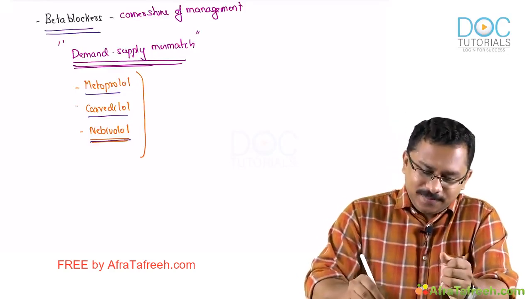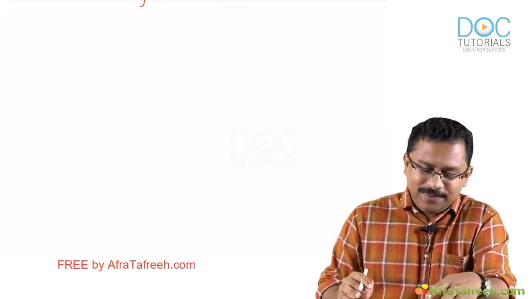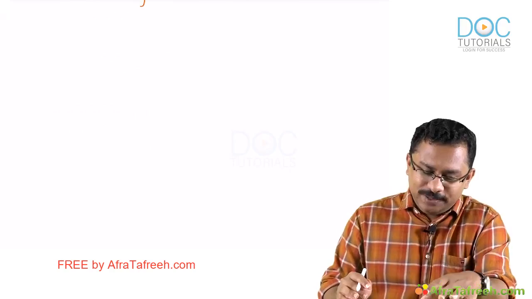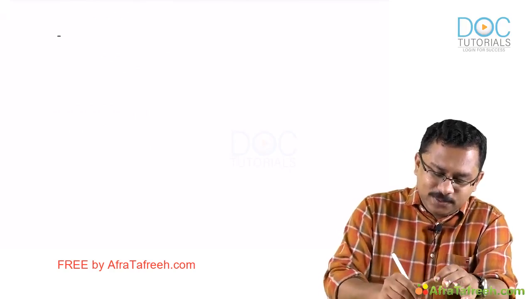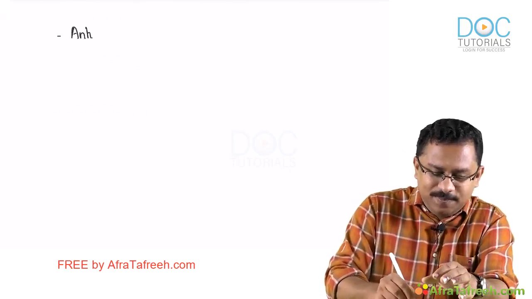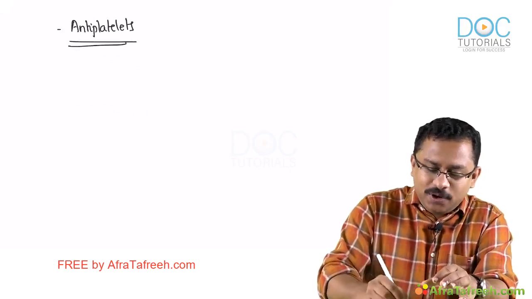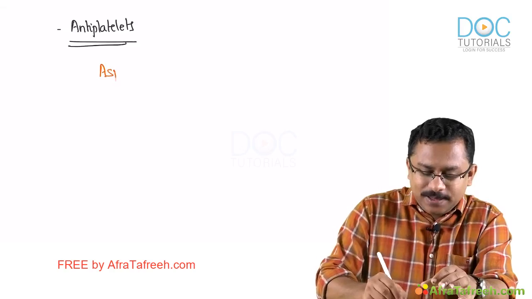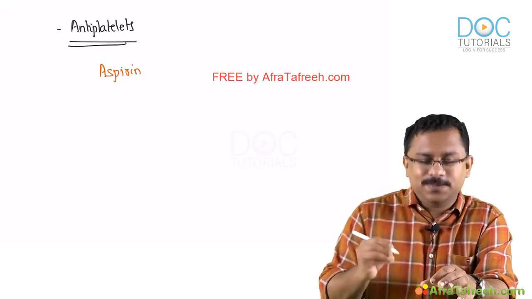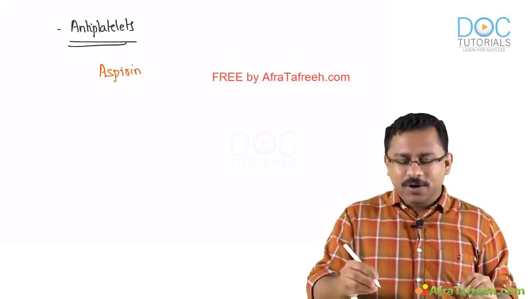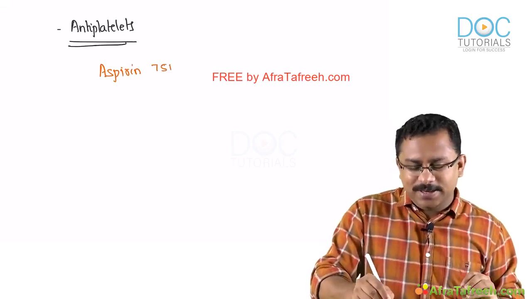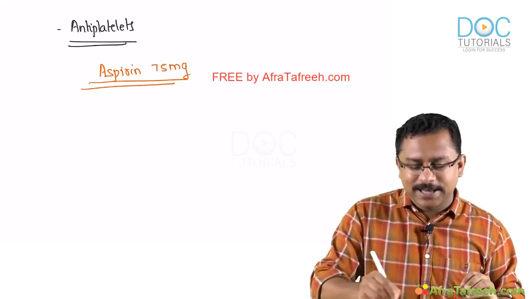Okay, so we have understood regarding the utility of beta blockers in case of chronic stable angina. Now next is regarding the use of antiplatelets, very, very important. You have got to give the patient aspirin daily. The dose recommended is 75 milligram daily.